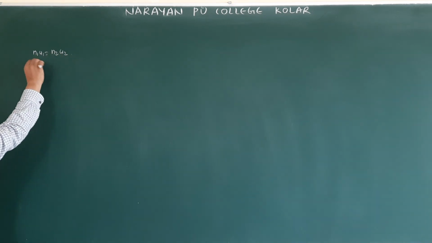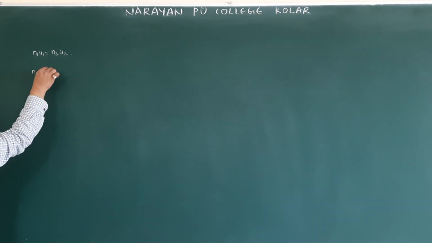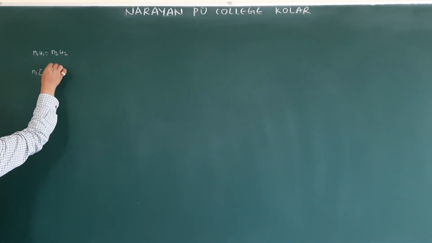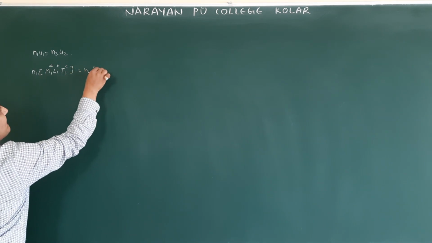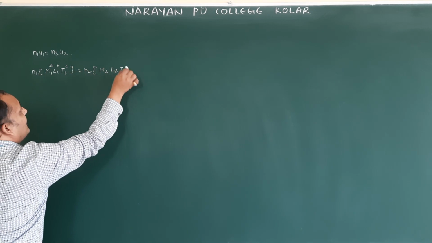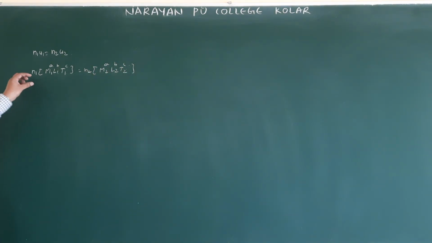U1 means unit, in terms of dimensional formula, with numerical value N1. So M1, L1, T1 power A, B, C, some dimensional formula, and M2, L2, T2 power A, B, C. This is the general formula. You don't need to panic by seeing this big equation. Yesterday we saw 1 Newton is equal to how many dynes.